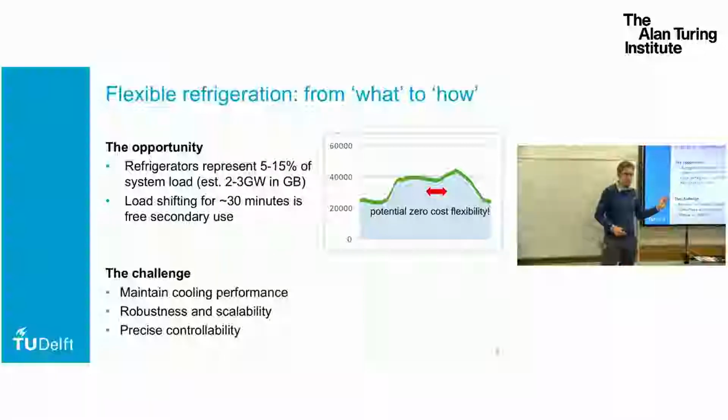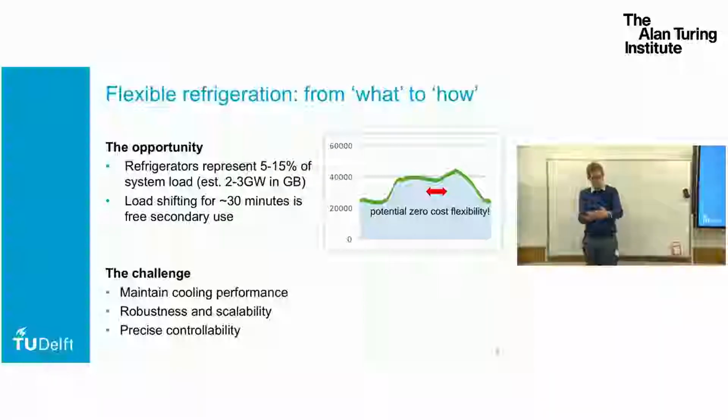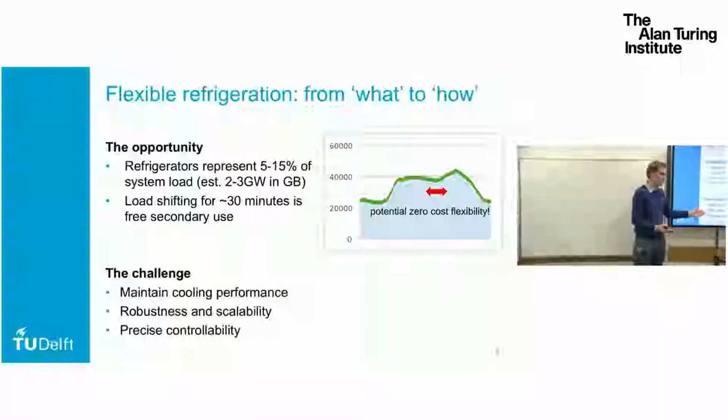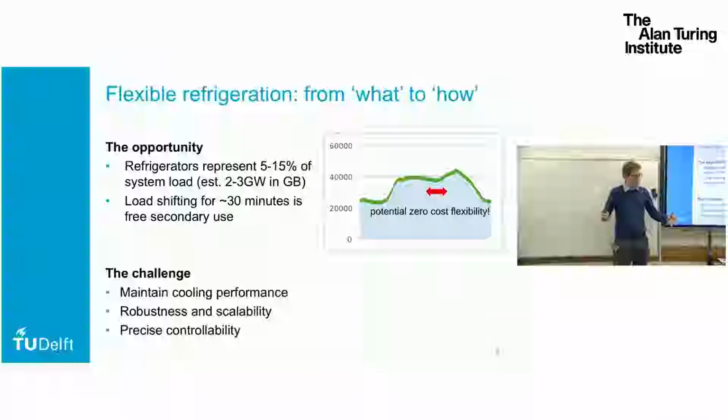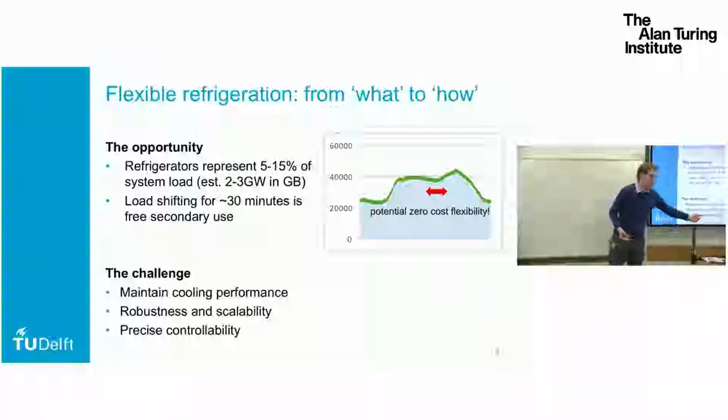Of course, the challenge is you have to make sure the fridge remains a fridge. Don't mess with people's cooling performance, because then you won't have the service for very long. Also, make sure this is robust. The idea is that you're going to control millions of fridges, so it needs to be robust, very scalable, and cheap. And finally, you need to have precise controllability.